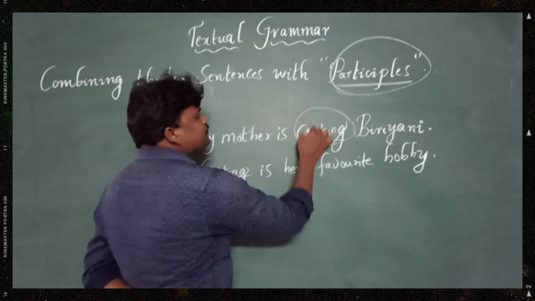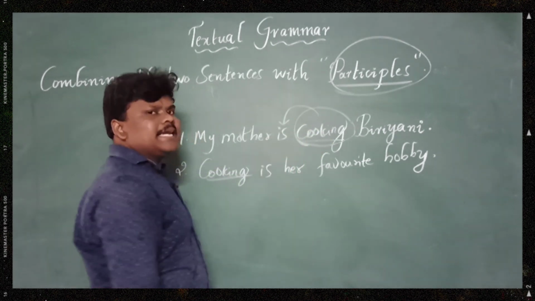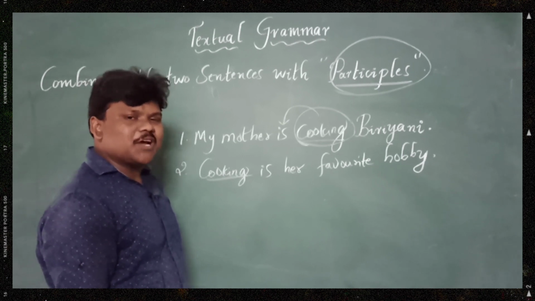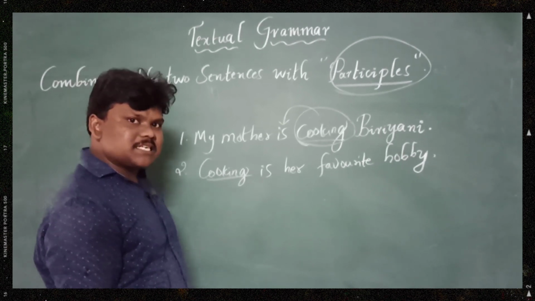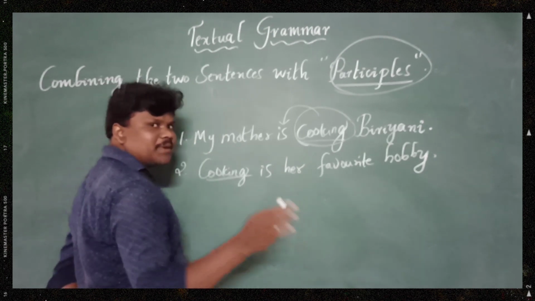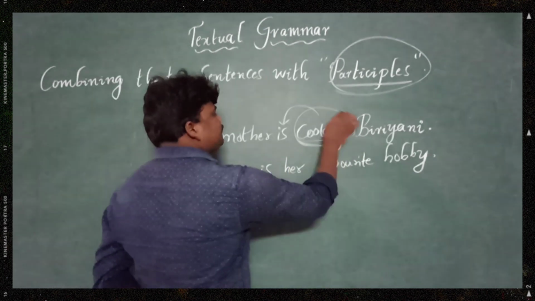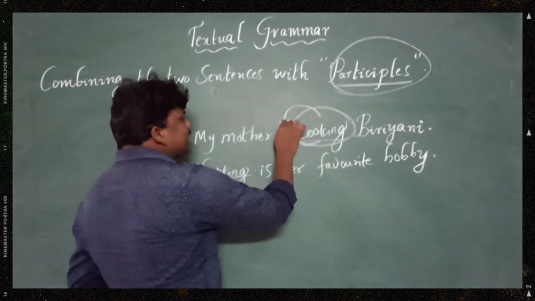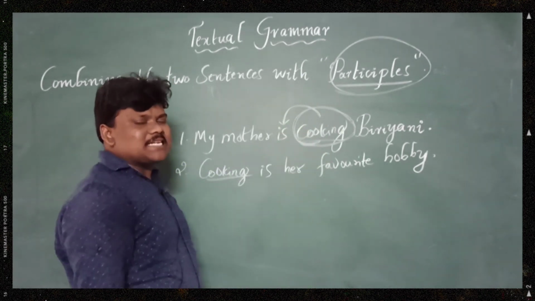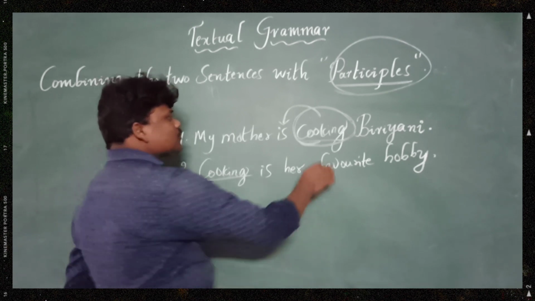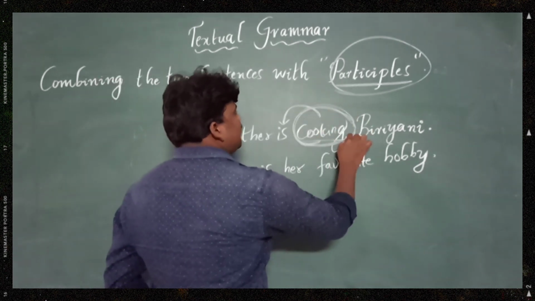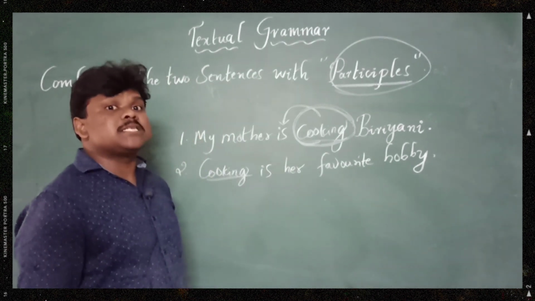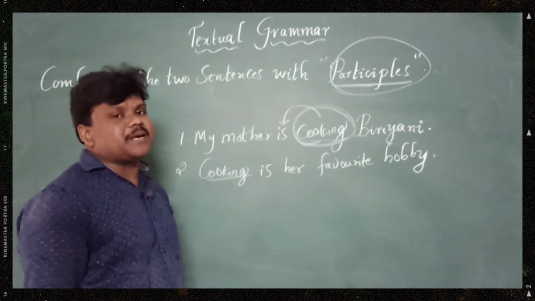If ing is followed by any helping verb, especially be forms like am, is, are, was, were, then it is called a participle. Which participle? Present participle.